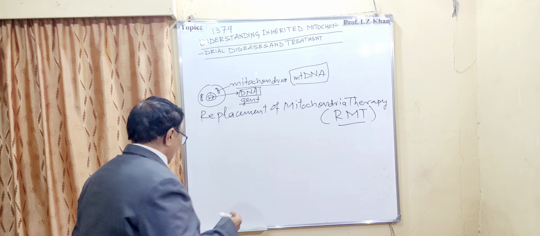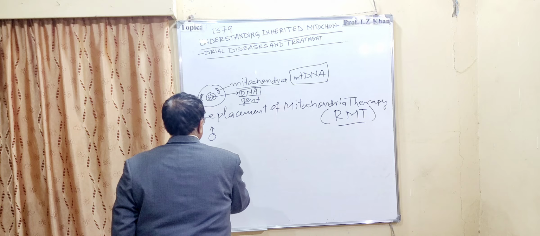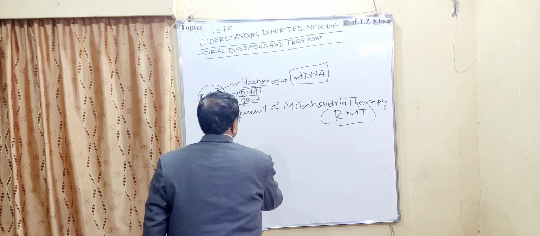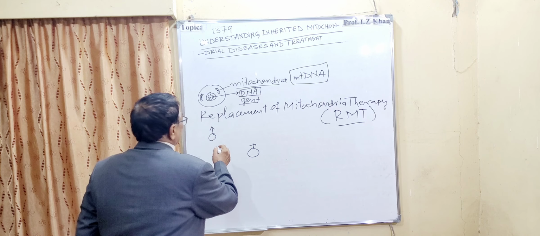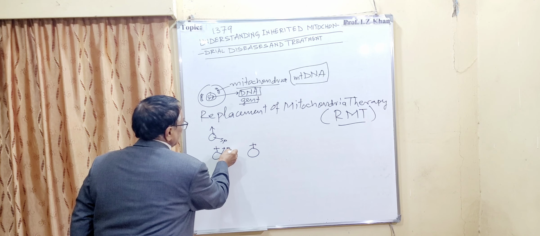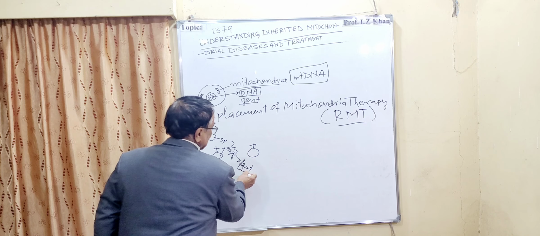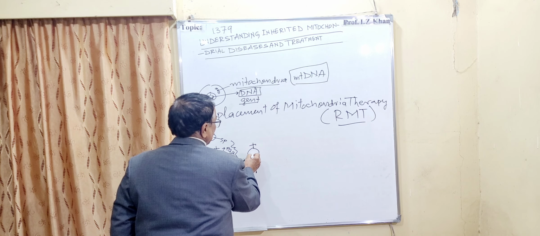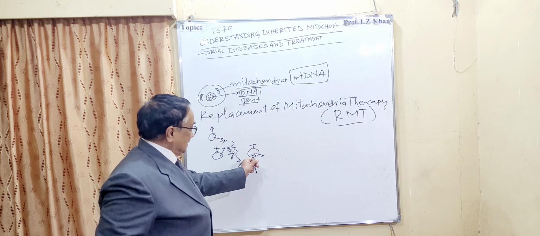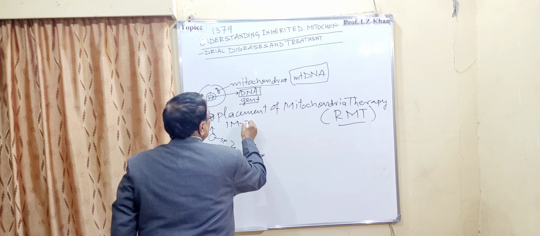Surrogacy means one male plus one female, and then another female. One male gives the sperm, the other female gives the egg, and they are fertilized, and after fertilization this zygote is implanted in the second lady, the second female. So here there is one male and two females.